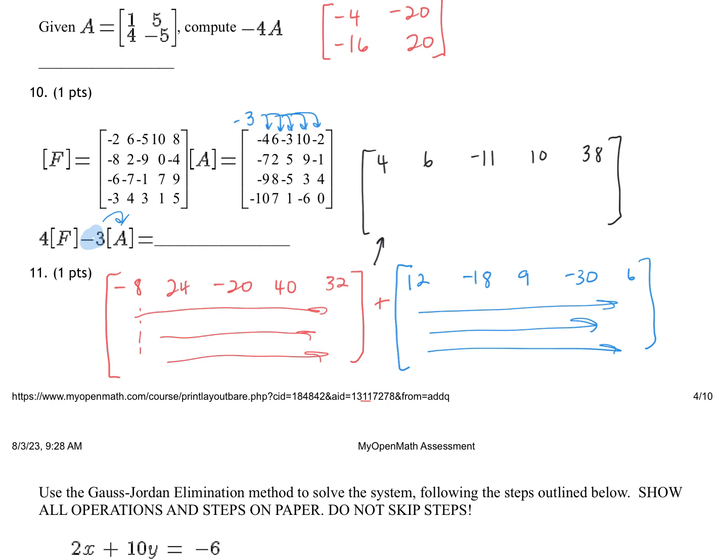And so that would be the answer for the first row. And then you would do the same thing for the other 3 rows. You would add the corresponding entries, and that would be your solution for number 10.